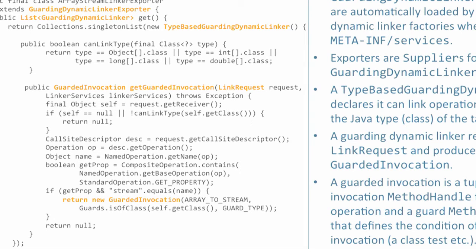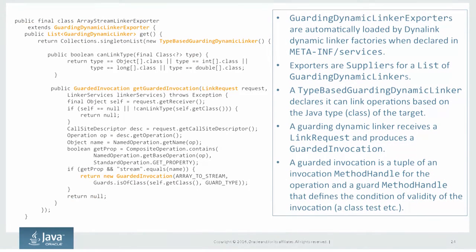So if the guard fails, that's a cache miss, so to speak. Finally, unmentioned on this slide, there is a method called array2stream, which turns the array into a stream and then returns that. This is the gist of the implementation.